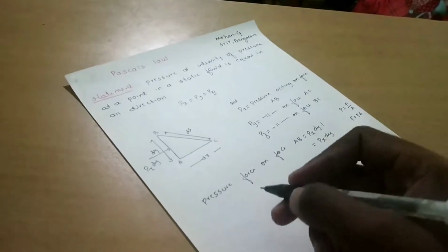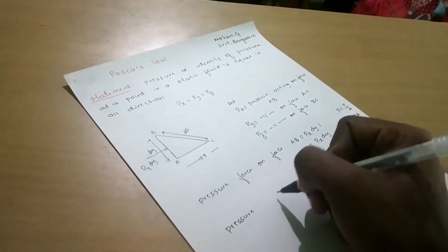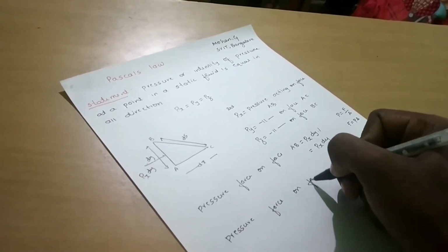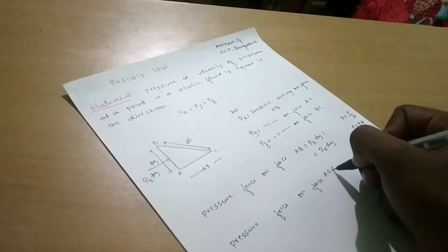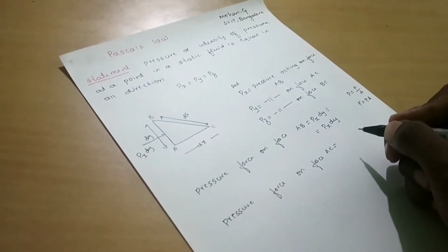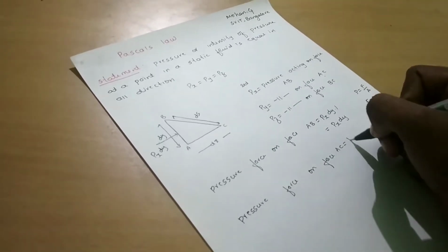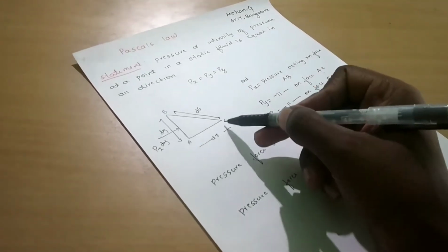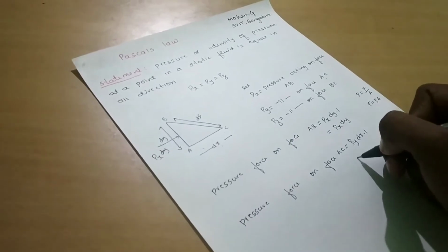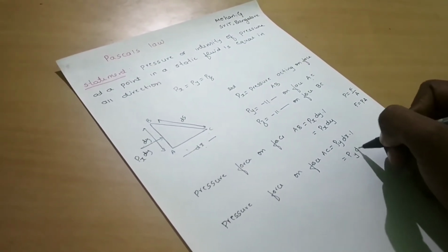Now similarly, pressure force on face AC. Pressure force on face AC is given by again pressure into area. Pressure acting on face AC is Py, and area of face AC is dx into 1. Therefore, pressure force on face AC is Py into dx.